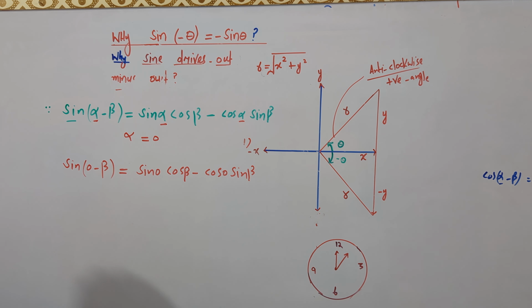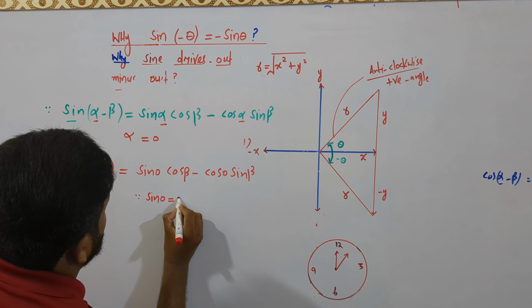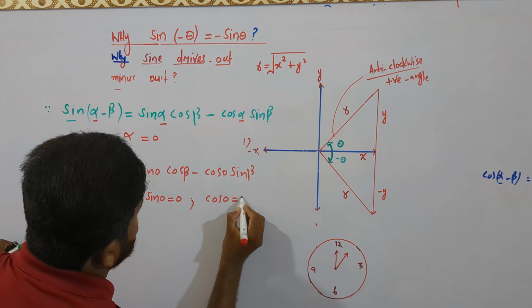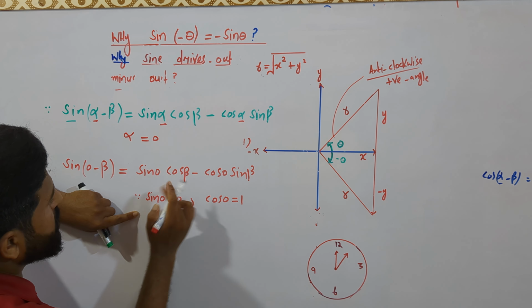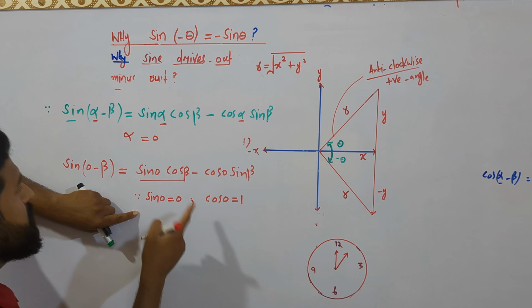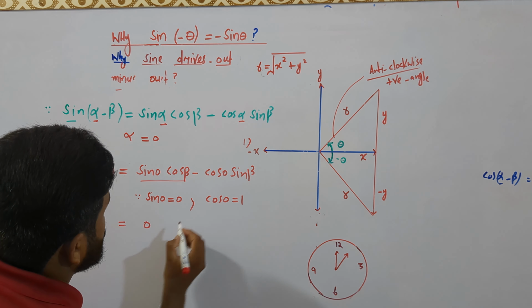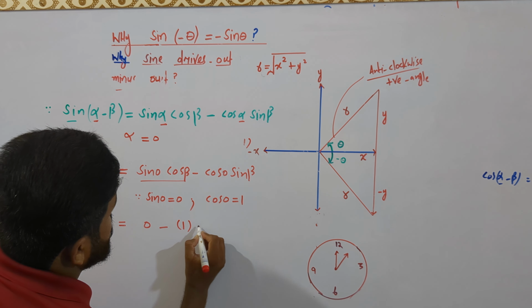You are very cognizant of the fact that sine 0 is always 0 and cos 0 is 1. So sine 0 is 0 and this whole term becomes 0. Minus cos 0, which is 1, times sine beta.